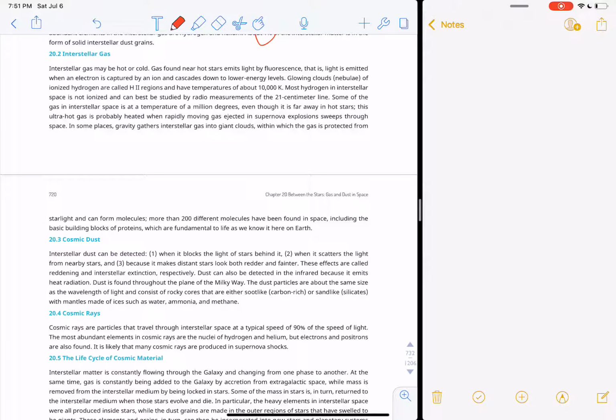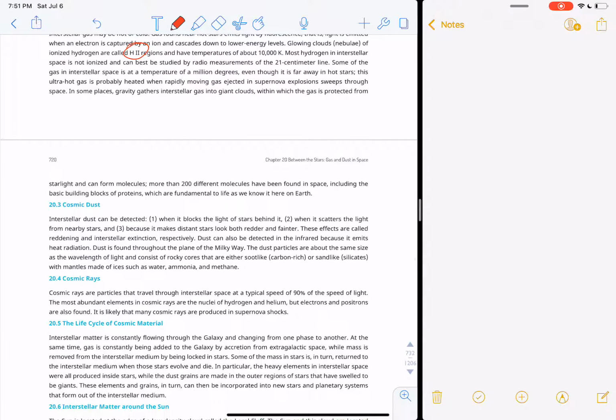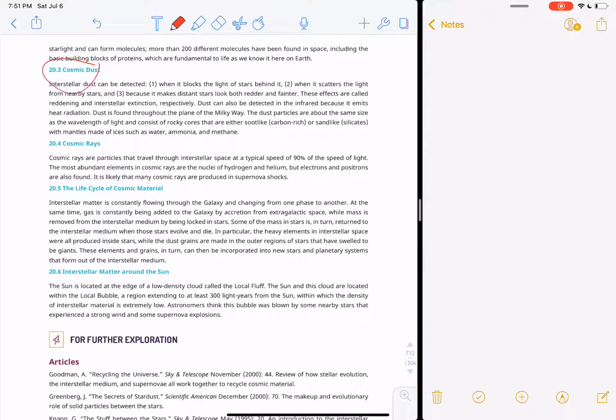The gas has cold hydrogen, ionized hydrogen, and super duper hot hydrogen, millions of degrees around some stars. Cosmic dust can be seen when stars are behind it, when it scatters light off the side of it, you can see it from the side, or because of interstellar reddening.